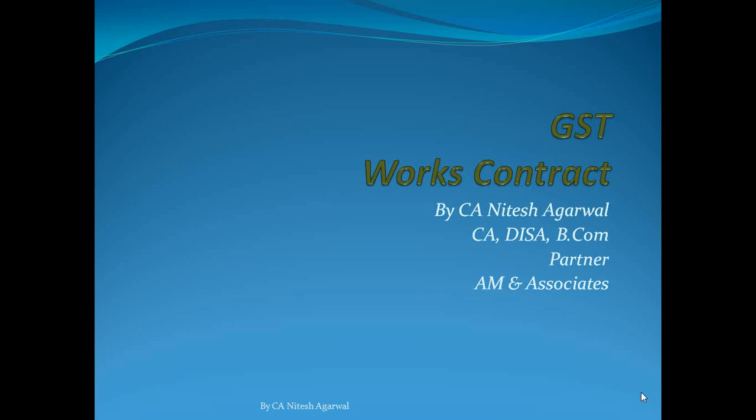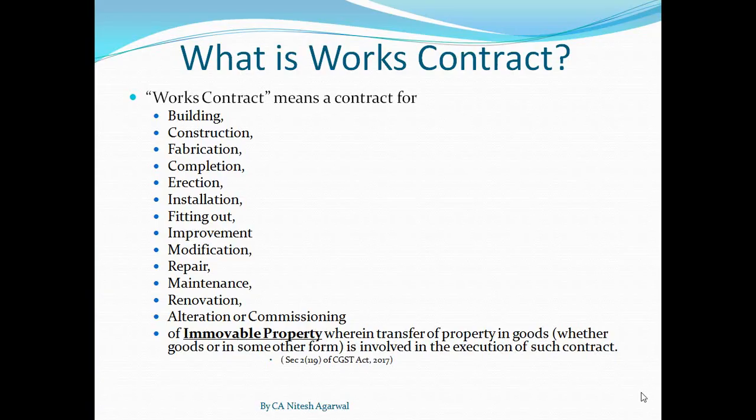Under the CGST Act, Section 2 subsection 119, a specific definition has been provided for works contract. So first we will go through that definition in order to understand what type of contract will construe to be a works contract. Friends, as we all know, a works contract is a combination of supply of goods as well as supply of services.